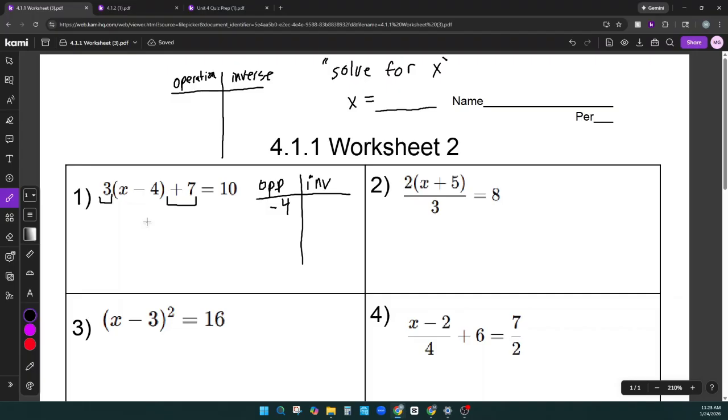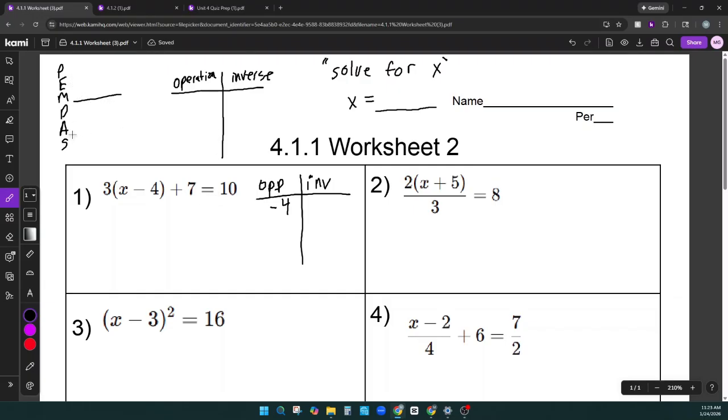So the way that I determine what goes next is by looking at my order of operations. Whenever you are looking at something that is affecting x at the same time, you go back to order of operations, that being PEMDAS. And I go down the order. What comes first, multiplication or addition? So that's parentheses, exponent.